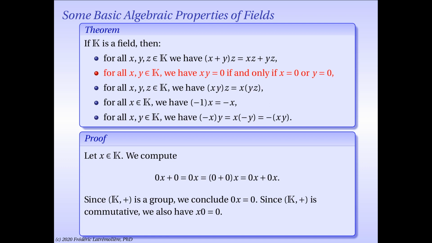We can, quote unquote, cancel 0 times x on both sides of the equality. So we have proven that 0 times anything in the field is equal to 0. Now, because my field in particular is commutative, we suddenly get that x times 0 is also equal to 0. Actually, I'm using the fact that the multiplication is commutative.